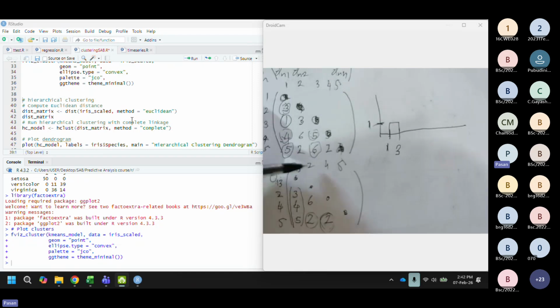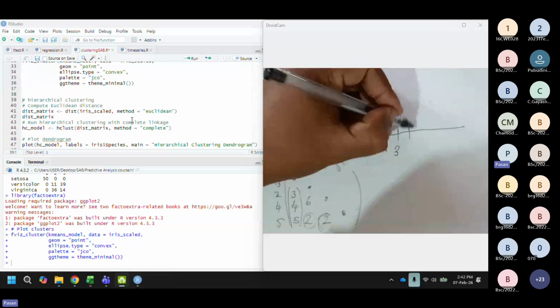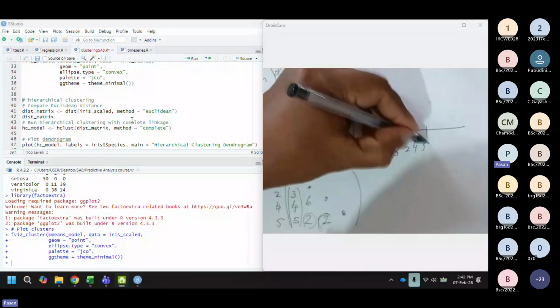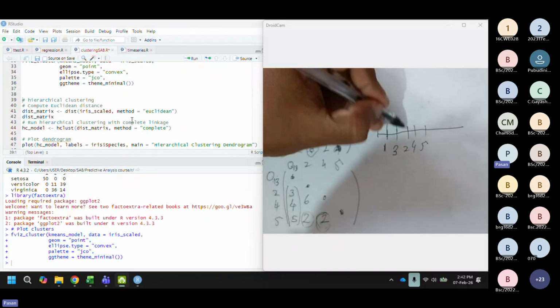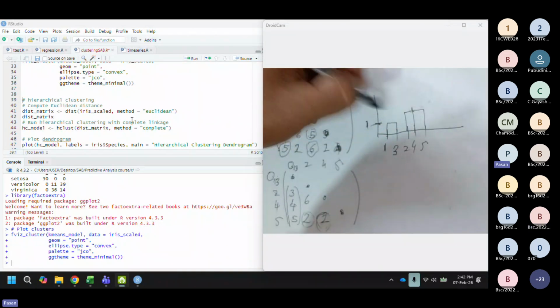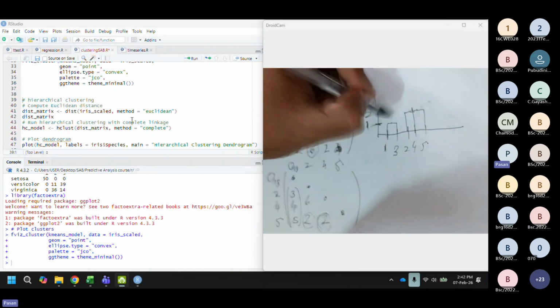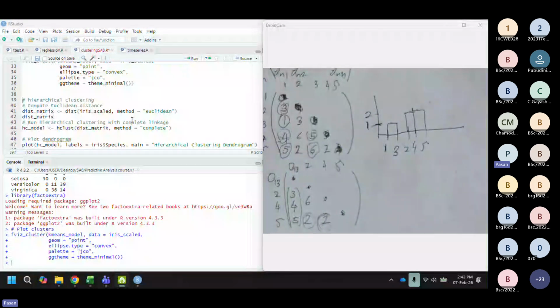Now 2, 4, 5 is a new cluster, so we don't need to do any other clustering. 2, 4, and 5 go under the height of 2, so they are in one cluster. Two clusters are going to be like that if you're using single linkage.